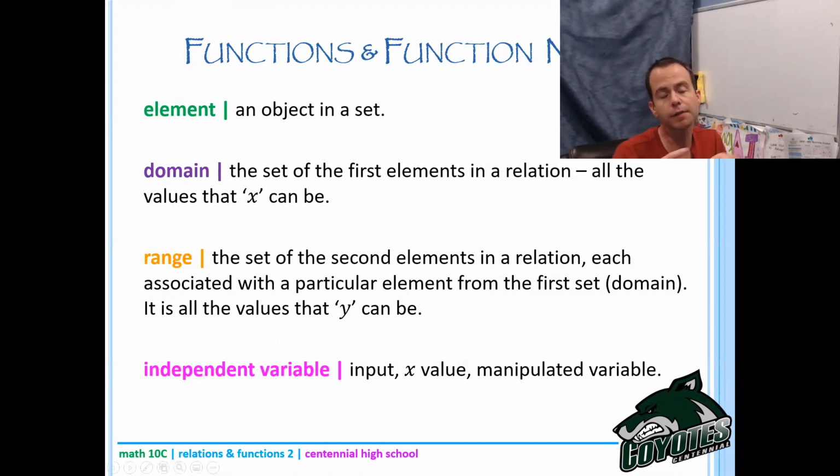It's essentially all the values that x can be. Now we're going to dive into this really deeply tomorrow. Tomorrow is all about domain and range, okay? Then the range is the set of the second elements in the relation, each associated with a particular element from the first set, which was the domain. So essentially the range is everything that y can be, all the values that y can be.